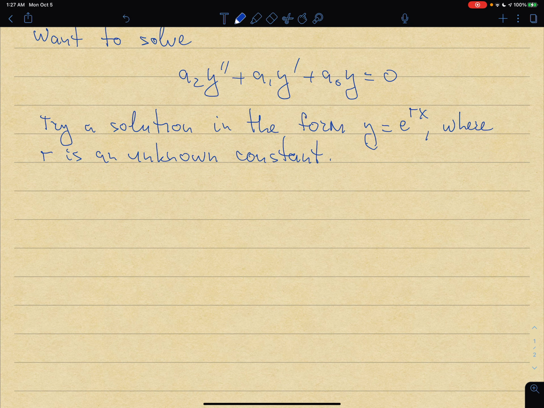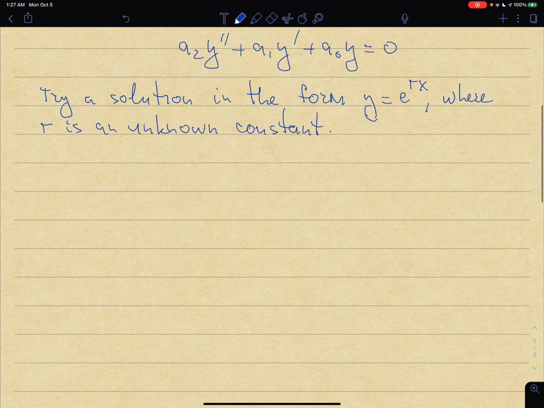So if we think that a y like this is going to be a solution, then if I plug it into the equation, then the equation must be satisfied. So if I have y like that, then y prime is r e to the rx, and y double prime is going to be r squared e to the rx. Then I will substitute this into the equation.